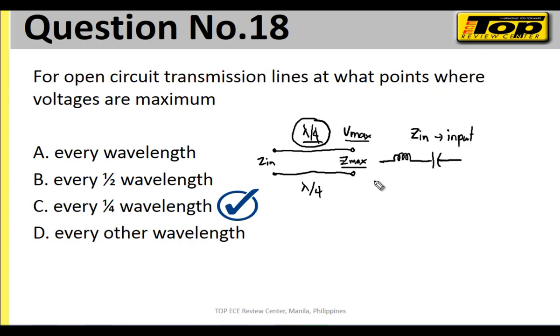No? And also, you have every wavelength. Every wavelength will give you also minimum voltage. No? Kasi pang-apat na yon na quarter wavelength. So, magbibigay yun ng minimum just like the half. Okay? And every other wavelength, of course, katulad lang din ng isang wavelength yan. So, the best answer for this is letter C for number 18.